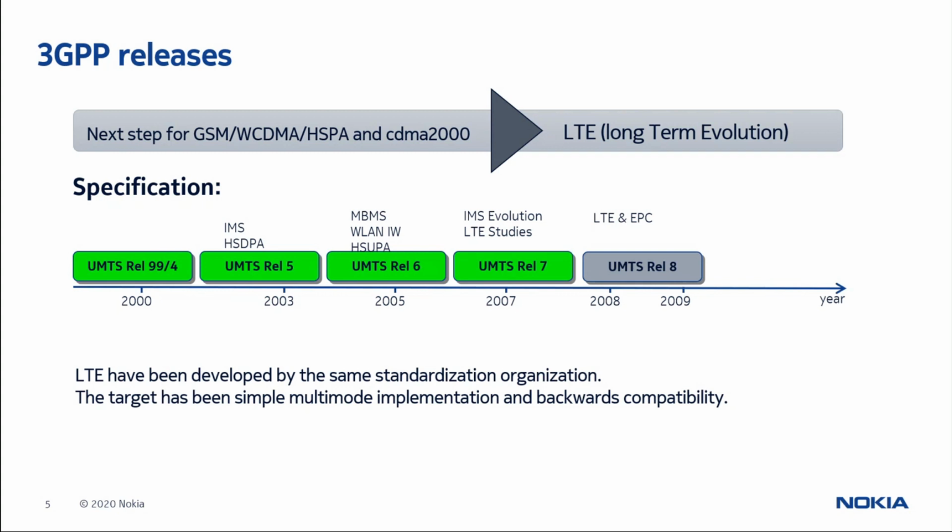So that is part of the idea that LTE studies and IMS evolution were dealt with in Release 7. There were a few prototypes, a few pilots, a few proofs of concept done in 2007 in the form of Release 7.